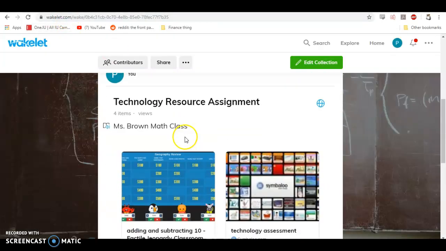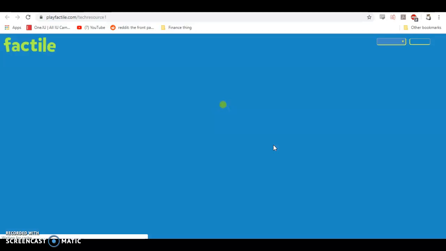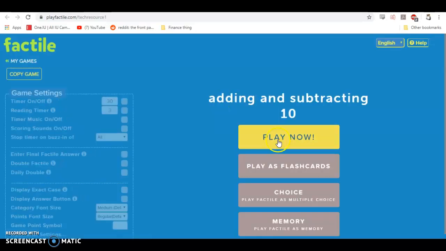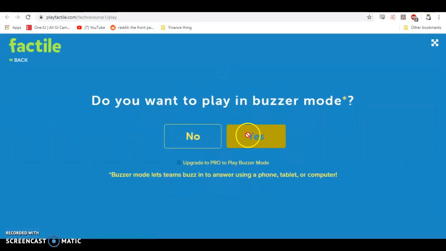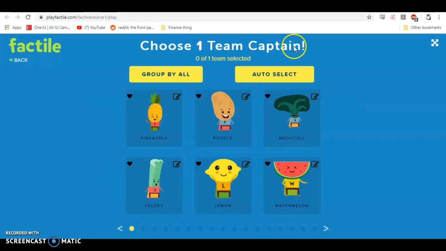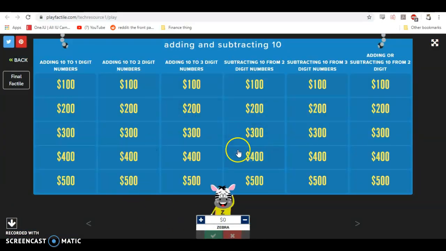So back to the Wakelet. The last technology resource I completed was a simple Jeopardy game. I think that it is a great tool to use in the classroom. You basically just select your teams, and there's a variety of different questions.